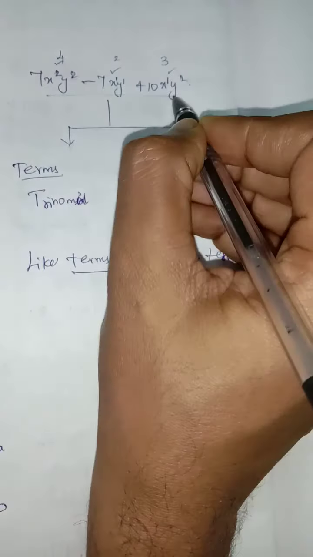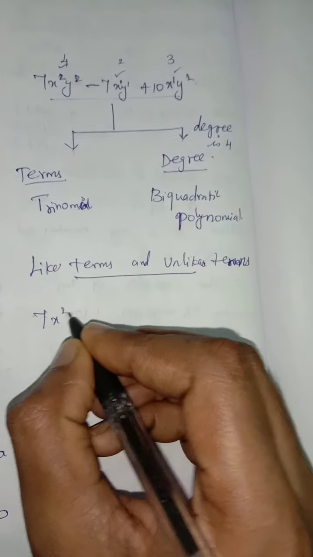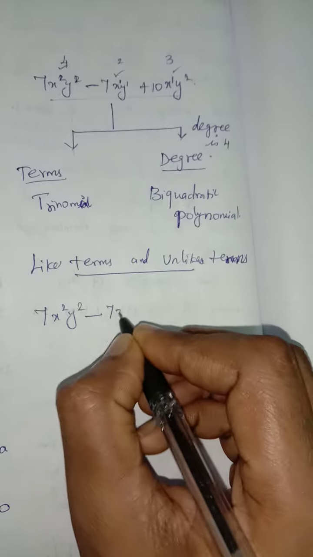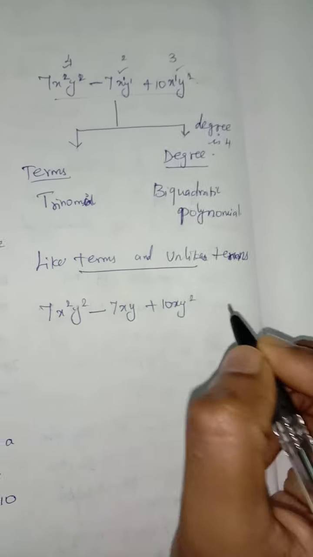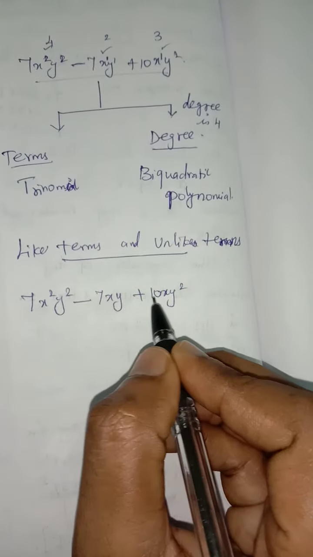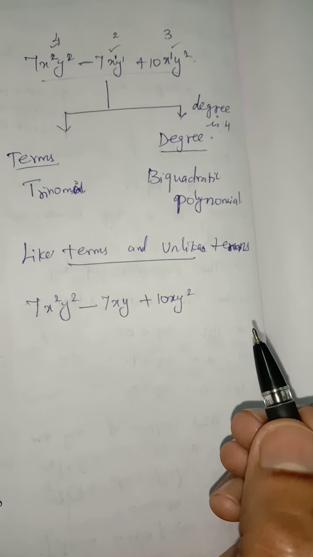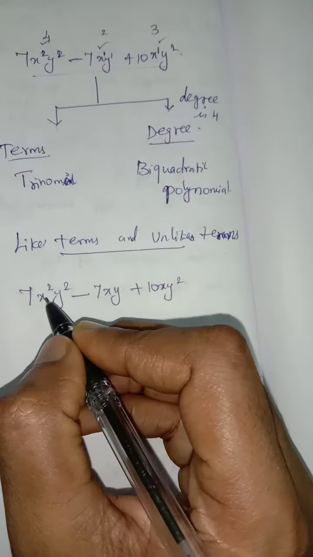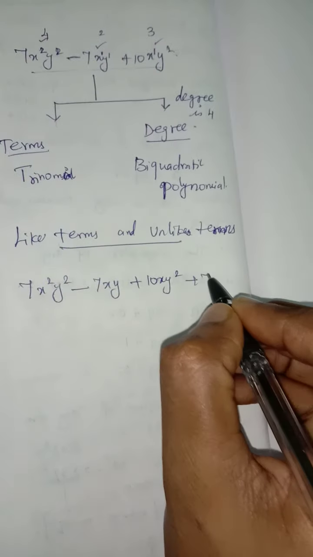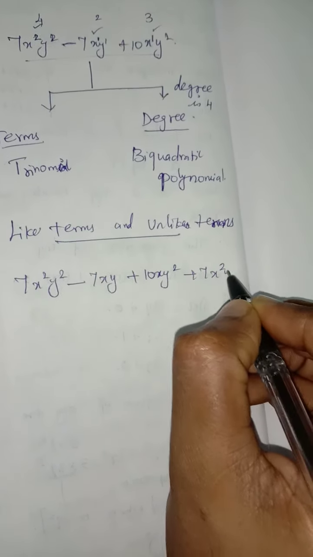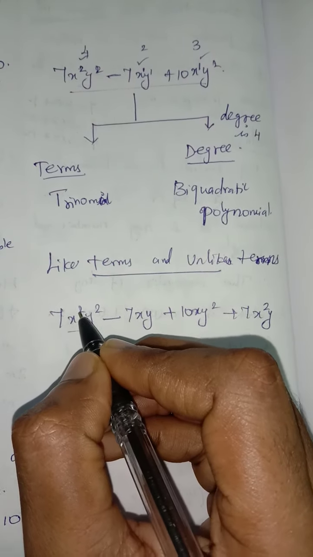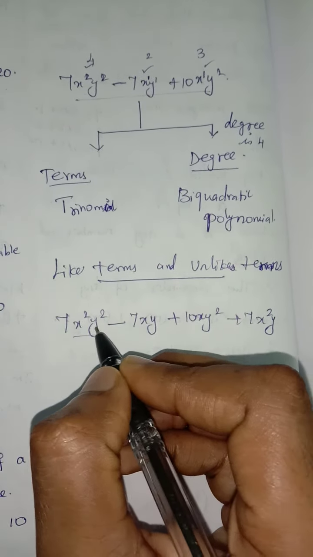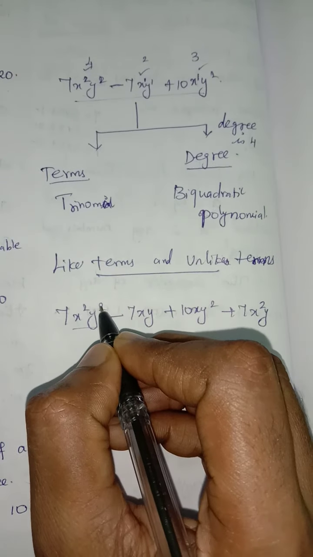We can take the same expression. Everything is full of xy, xy, xy, xy. But again, here in this term the power of x is 2 and the power of y is 2.